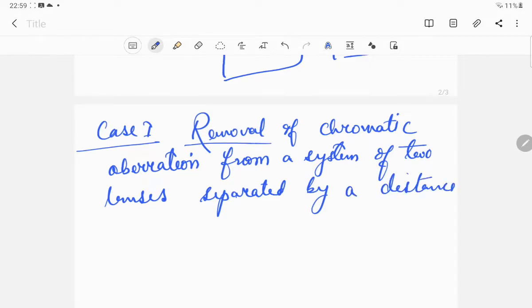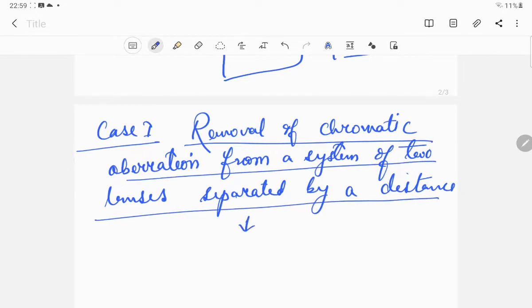Okay, so this is the case. Removal of chromatic aberration is nothing but achromatism.